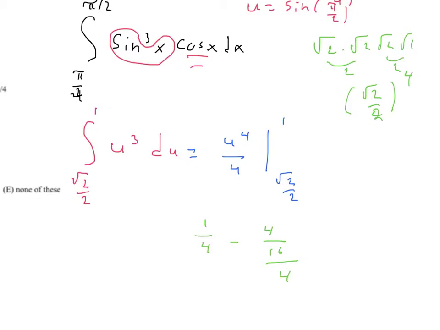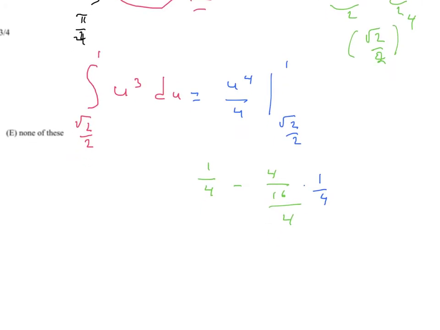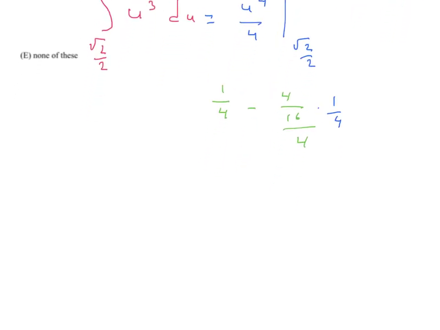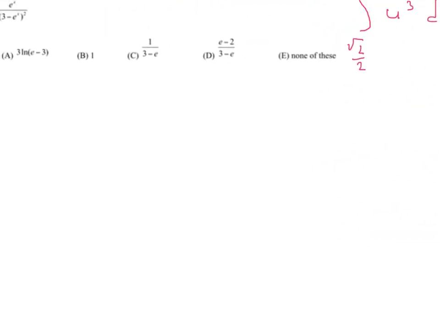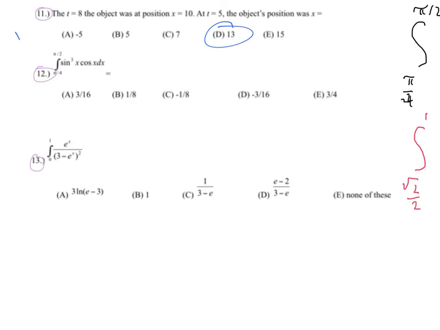So let's simplify this a little bit by multiplying by reciprocals. So we have 1/4 minus 1 over 16. We need to get a common denominator in order to do that. Let's get a common denominator of 4. So we have 4 minus 1 over 16, which is 3 over 16. So hopefully that's an answer over here. It is 3 over 16.